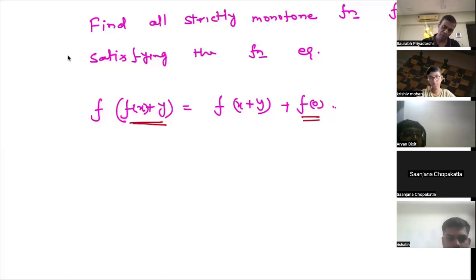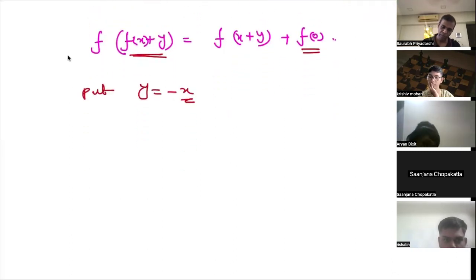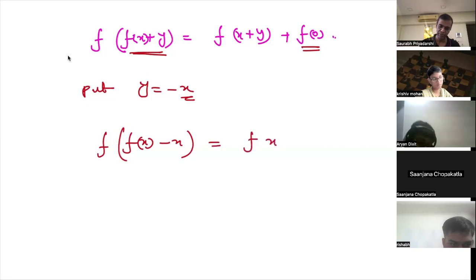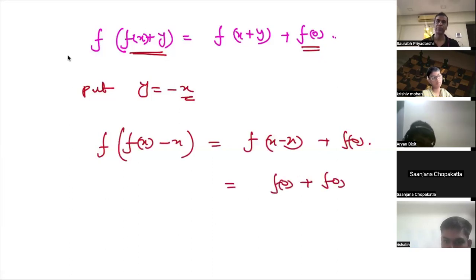Or I can say, since this is the function, if I put y equal to minus x, what I'm getting is f of f(x) minus x is equal to f of x minus x plus f of 0. This is 0, plus f(0), which is twice f(0).